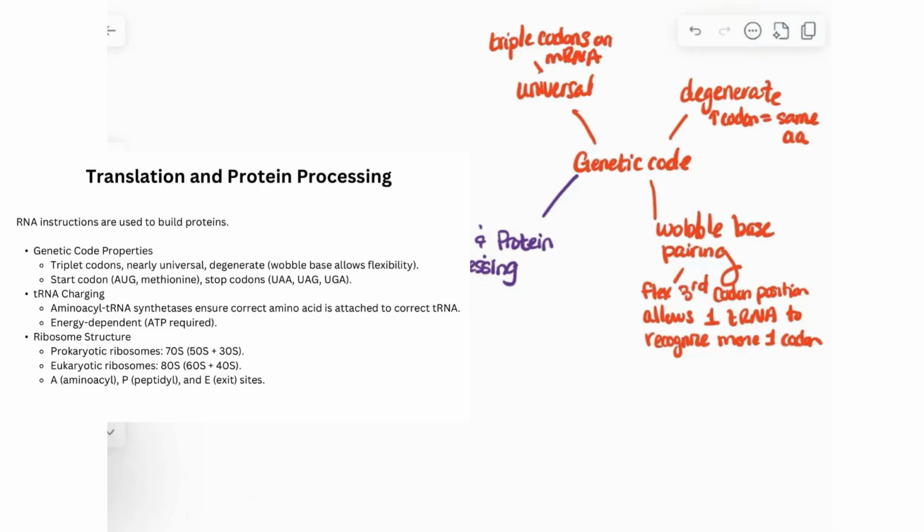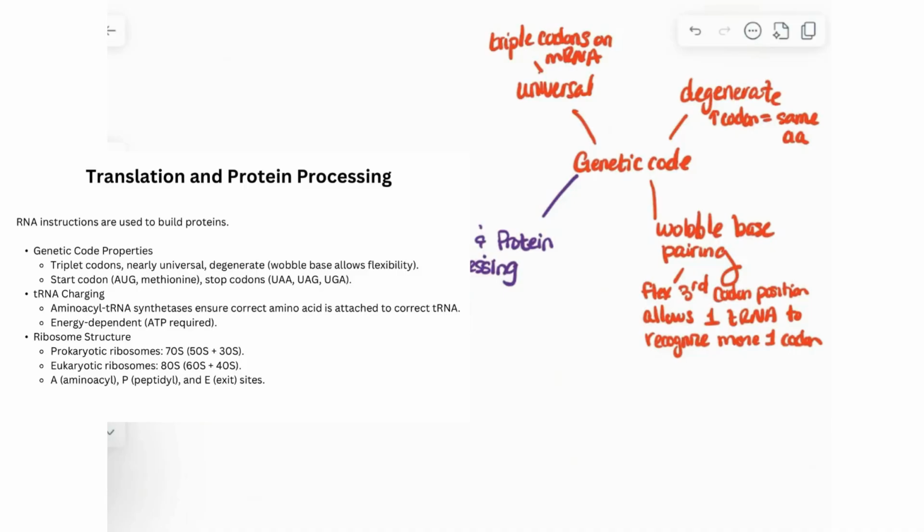We see here in our notes, genetic code: the triple codons are nearly universal, degenerate. Wobble base allows flexibility. You have the start codon, AUG, that codes for methionine. Then we have the stop codons UAA, UAG, and UGA.